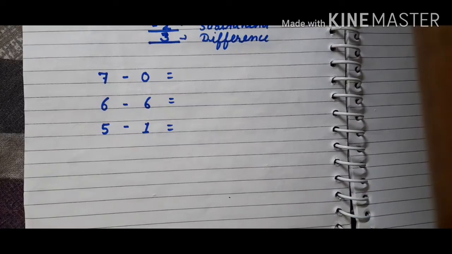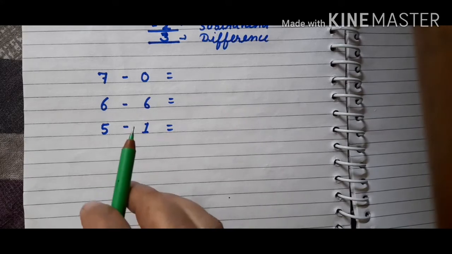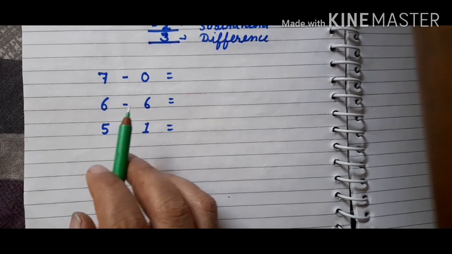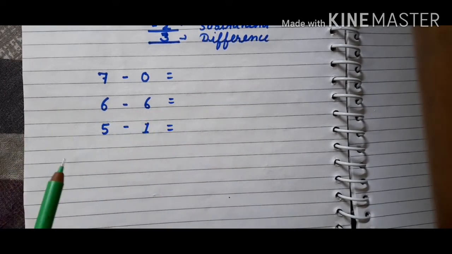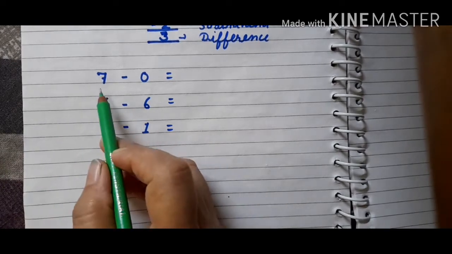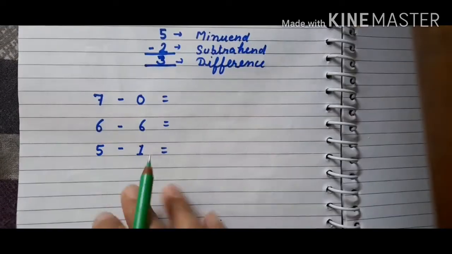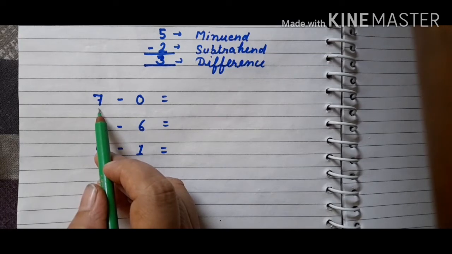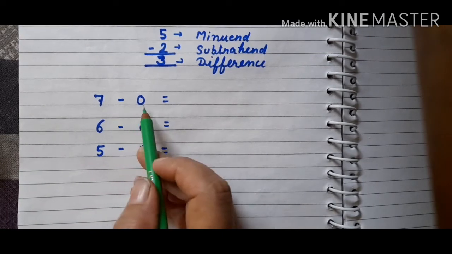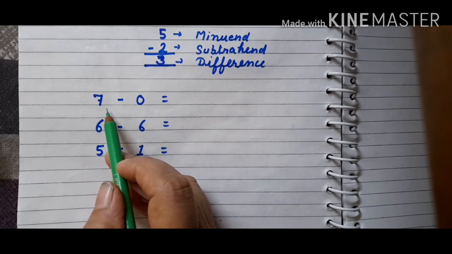So students, now let's learn about the properties of subtraction. The difference of a number and 0 is always the number itself. Here we have first example. Here we have 7 and we will minus 0 from 7.